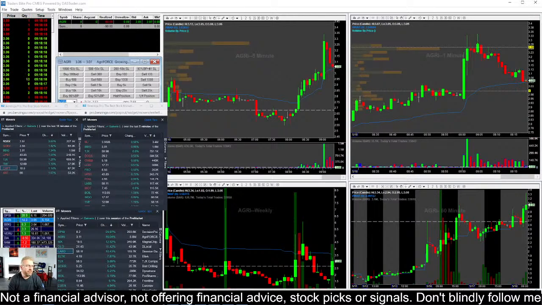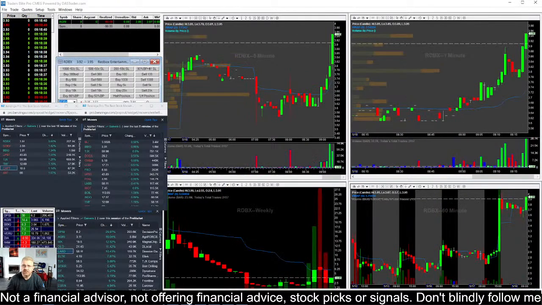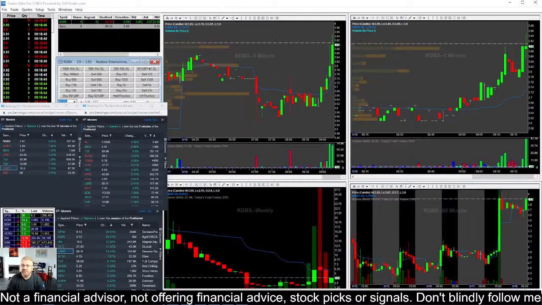Here's your bounce at 305, Chip. You get 20 cents, 10 cents. Red box just gone green on the day. 1 minute and 5 minute looking very similar on red box.